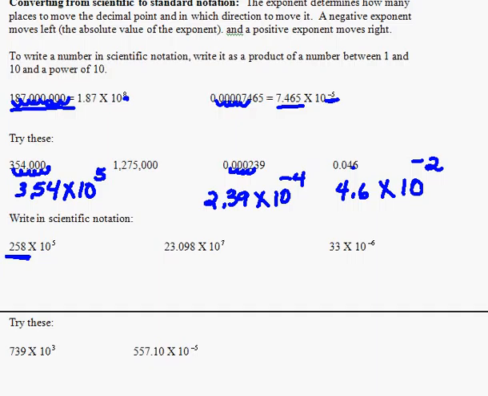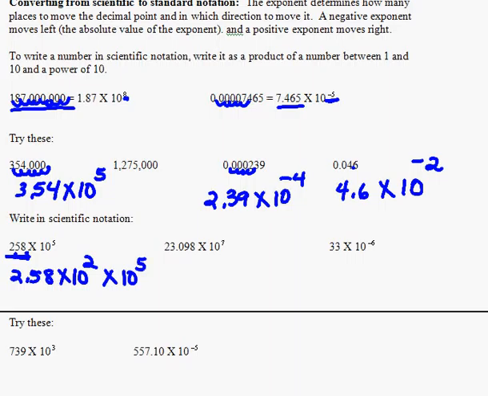My decimal point is at the end of the 8. I need to put it behind the 2, so I have 2.58 times 10 to the 2nd power because I moved it 2 places. It was a number bigger than 1, so my exponent is positive, and now I multiply by 10 to the 5th power. So I have 2.58 times 10 squared times 10 to the 5th.